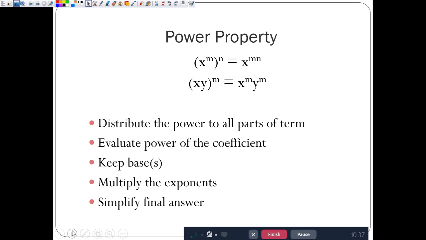Then we evaluate the power of the coefficient. Okay, so that's going to be the number out front. We're going to raise that to that power. Then we're going to keep the bases and multiply the exponents. So if a power is raised to a power, we're multiplying. And then we're going to simplify our answer. So basically, if we have any zeros or negatives, we need to move them into their correct spot.